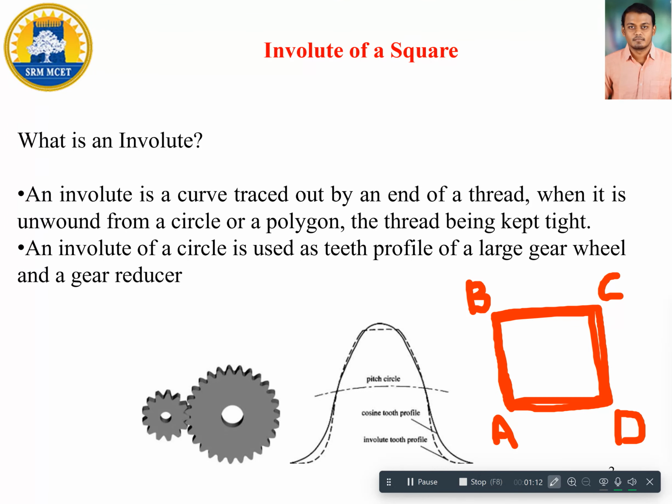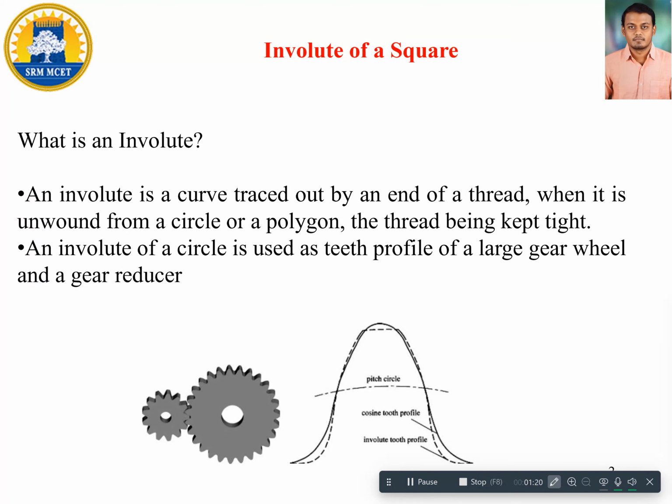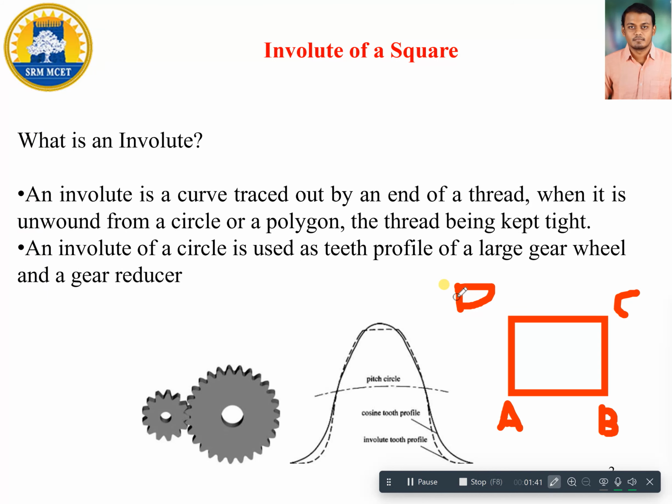So this is point A, this is B, this is C, and this is point D. I am going to wind this entire square by using a thread in such a way that it is exactly tight, not like this.